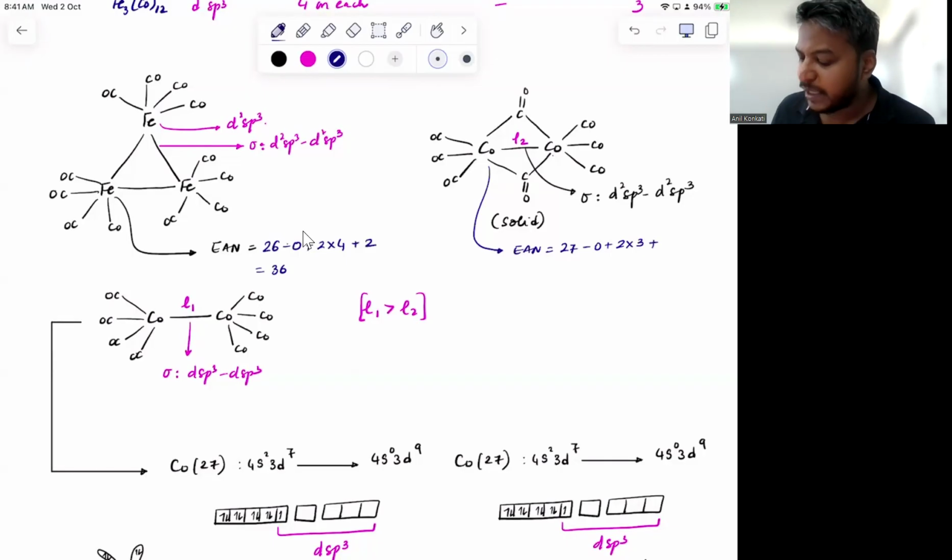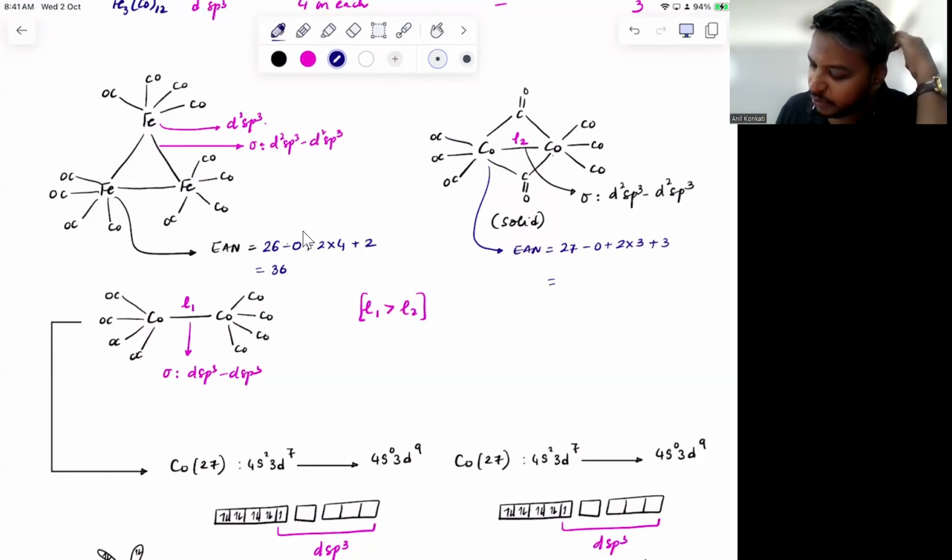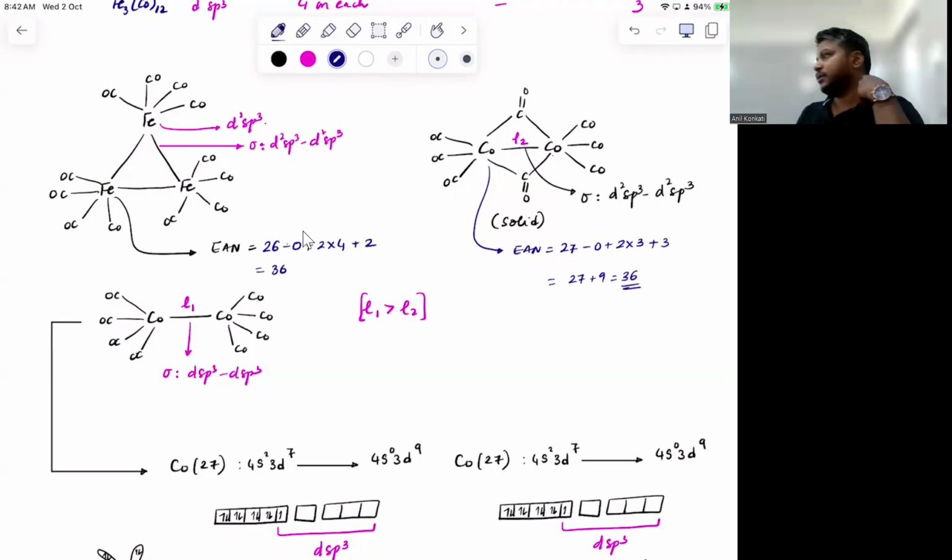Plus how many connections is it giving? 3 more. 3 from a sigma bond point of view. Okay. So how many can we get? 3. So how many do we have here now? Check out 27 plus 9. So how much are we getting? 36. Yeah. Okay. Here also it is a match. Now clear?